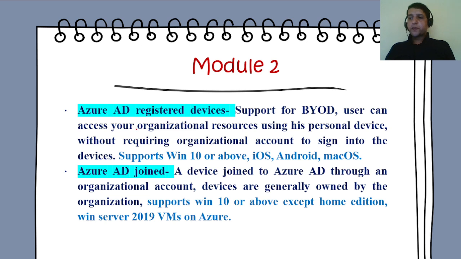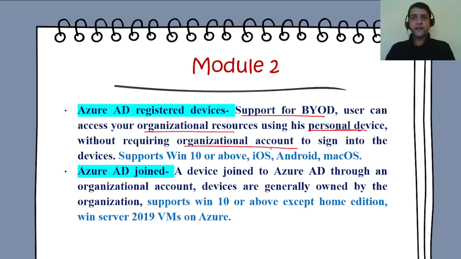Now there are two types of devices. This is how you decide whether you want to register a device or join a device. They surely ask a question; I was able to see a question based on this concept. This is support for bring your own device. The user can access your organizational resources using his personal device, without requiring an organizational account.